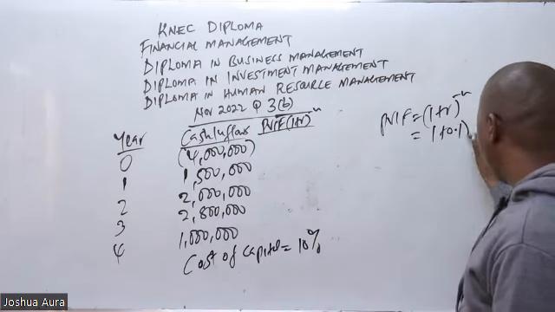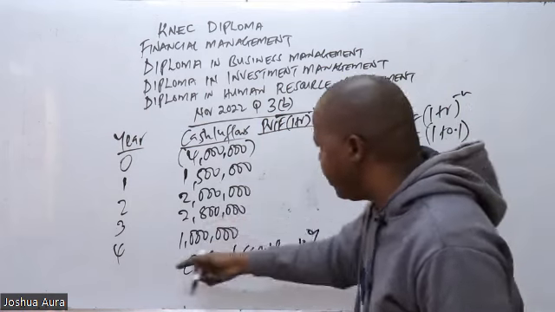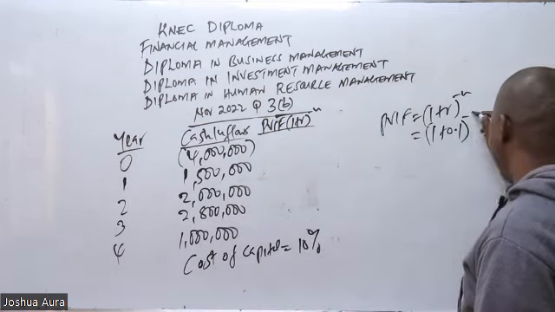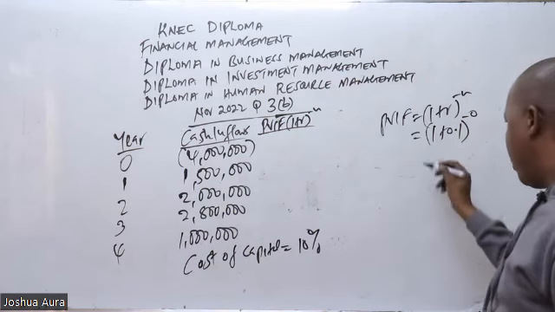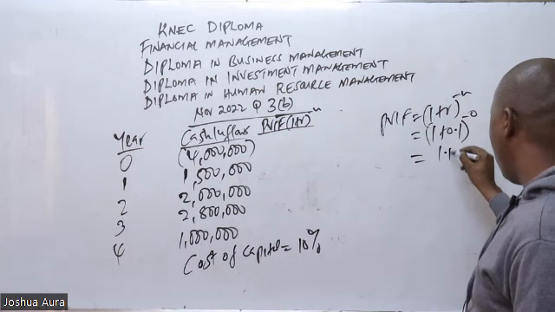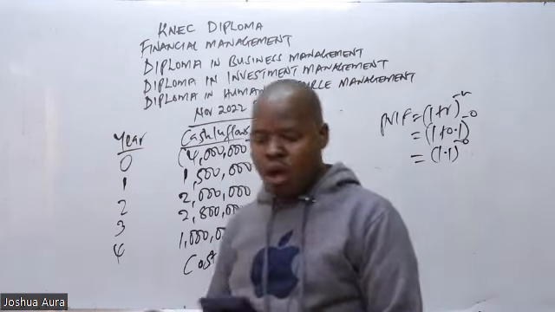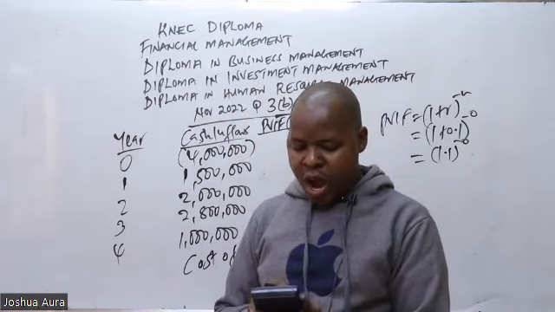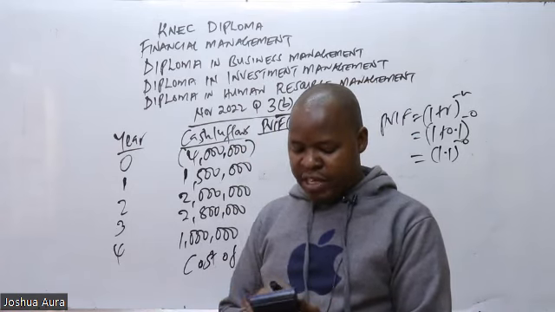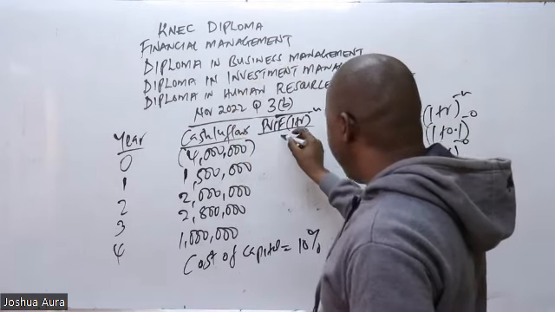N is the number of years. So at year 0, it will be minus 0. When you take your calculator, this will be 1.1 raised to negative 0. What are you getting? You are getting 1.